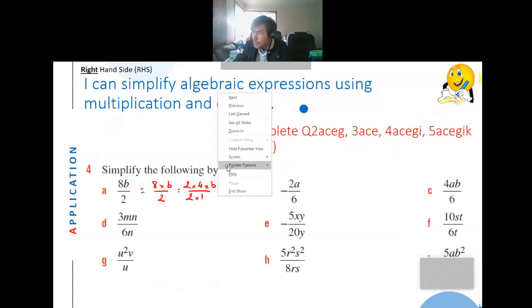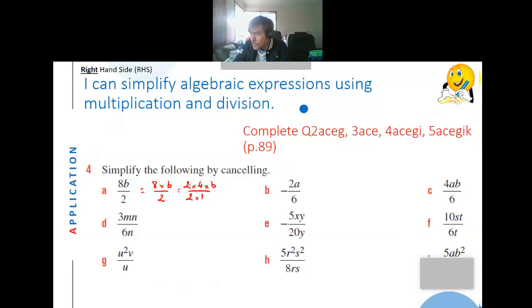Okay, and then what we're going to do is we're going to cancel as the questions ask us to do. And by cancelling, I'm just going to cross the 2 at the top and the 2 at the bottom. Okay, so whatever you got at the top and at the bottom, you can cancel them. So this is kind of like with fractions, simplifying fractions, right?